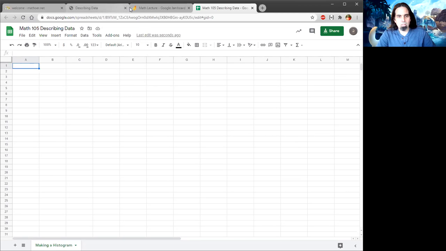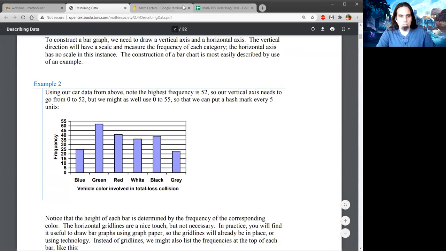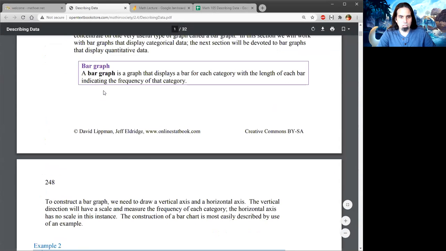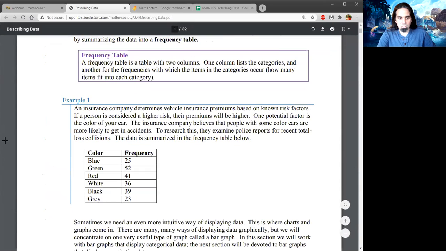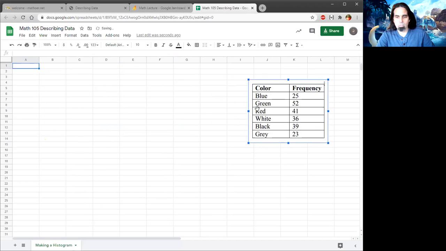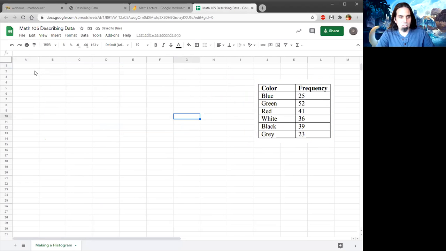No. Okay, our thing was, can I be fancy and paste something in a Google Sheet? I don't know if I've ever tried. Oh, look at that. Okay, so I'm just going to type it: blue, green, red, white, black, gray.